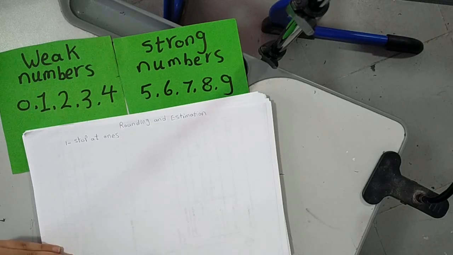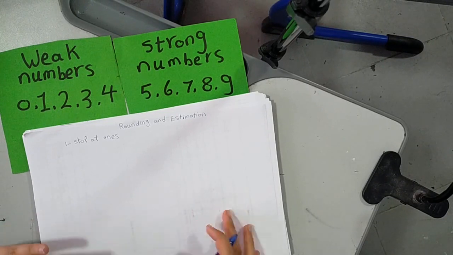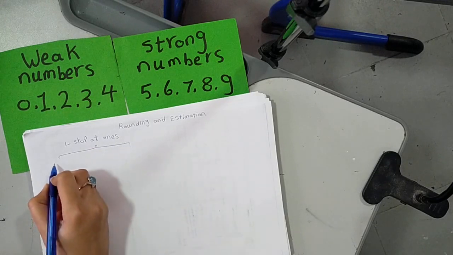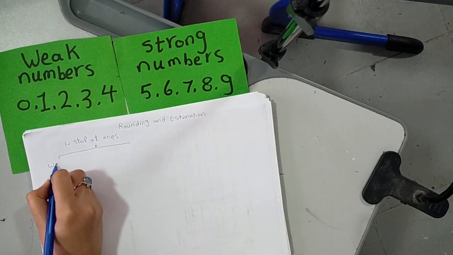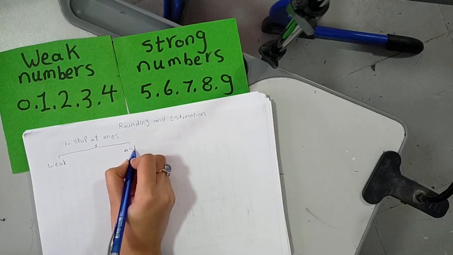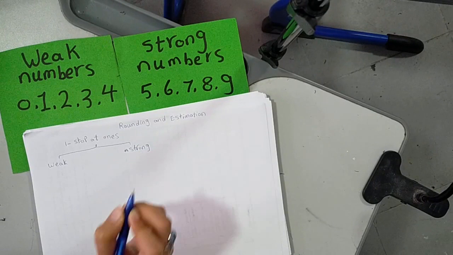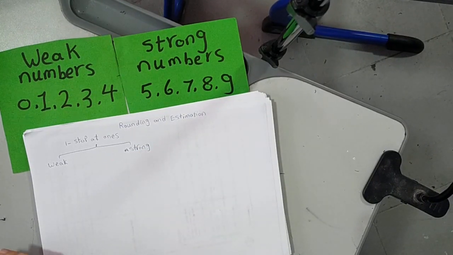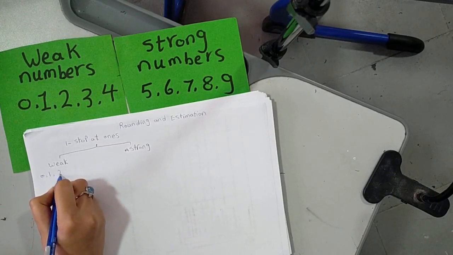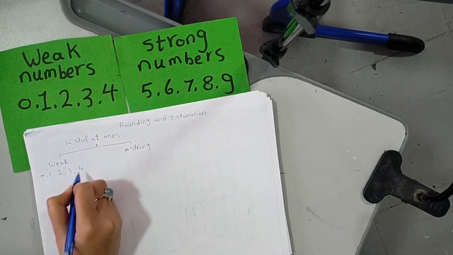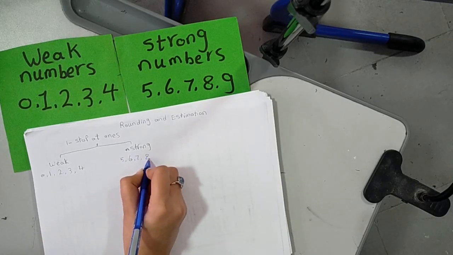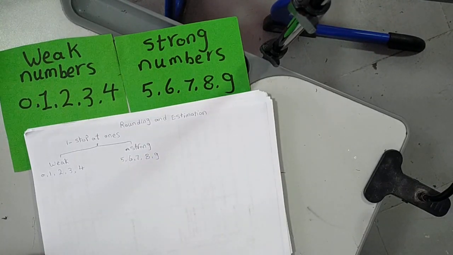The first step, I should stop at ones and see if the number in ones is a weak number or a strong number. Okay, we said that the weak numbers are like 0, 1, 2, 3 and 4. Strong like 5, 6, 7, 8 and 9.